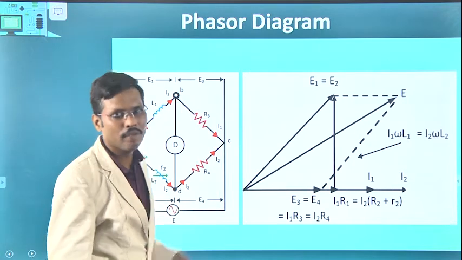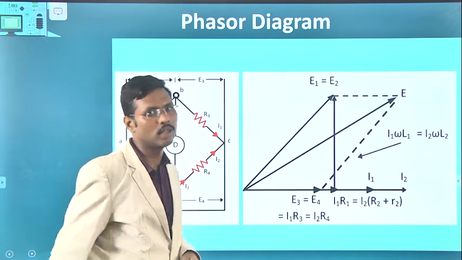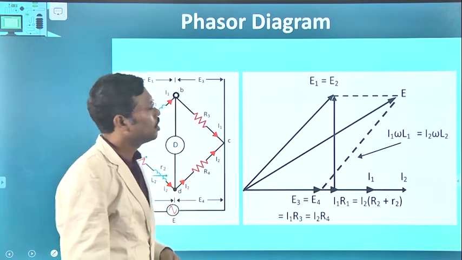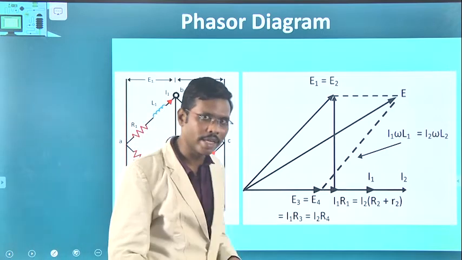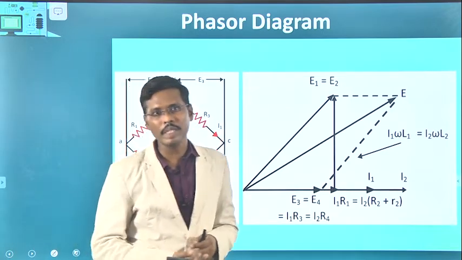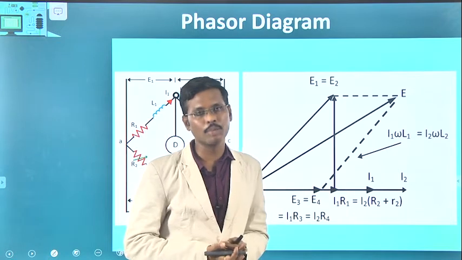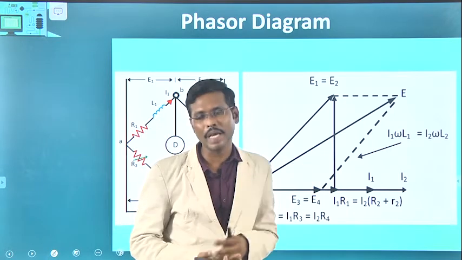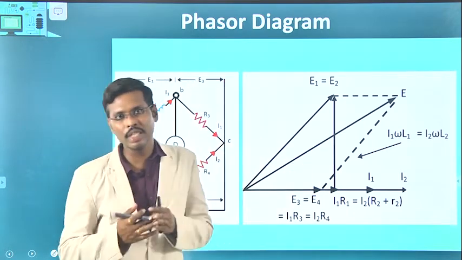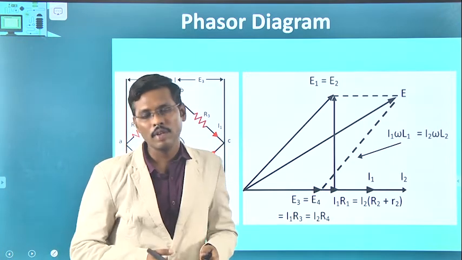And here we have the phasor diagram of this circuit. Coming to this phasor diagram, if you want to represent the phase of the circuit, as we are dealing with capacitors and inductance, we need to consider the phase of the circuit also.